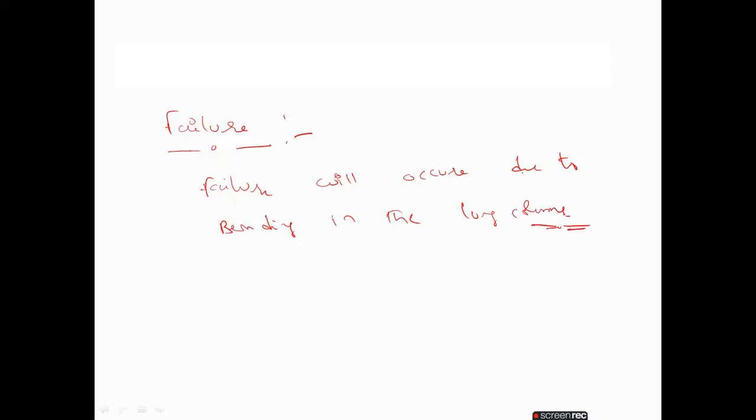Here the axial compression is negligible and we take it as 0. And the failure will occur due to axial compression in the short column.